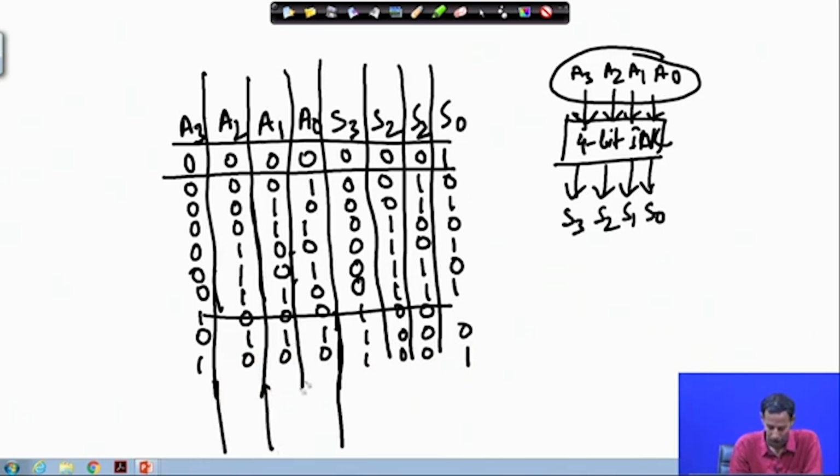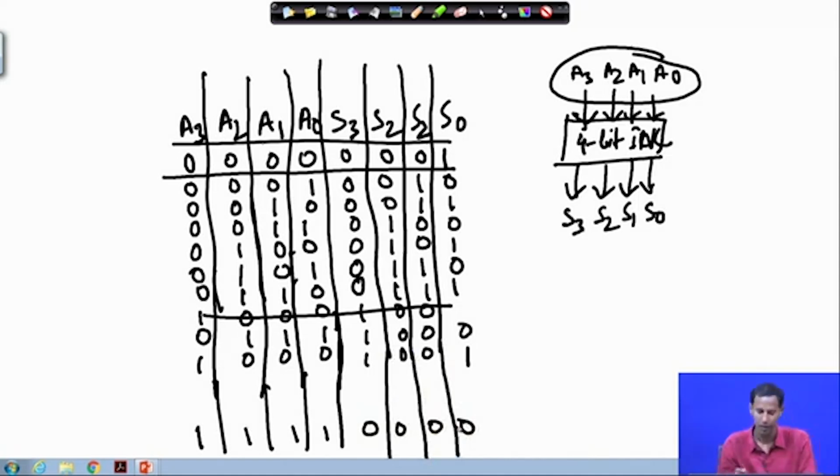Up to the point where the input is all 1s, at that time the output will be all zeros, correct.